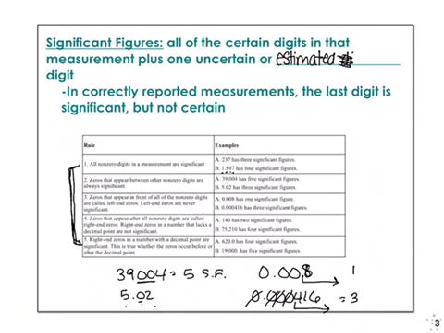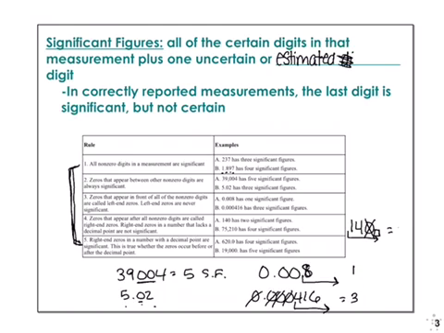Rule number 4 says zeros that appear after all non-zero digits are called right-end zeros. Right-end zeros in a number that lacks a decimal point are not significant. So 140, again, we can start at the first non-zero and go right, but since there's no decimal point here, we cannot count that 0.